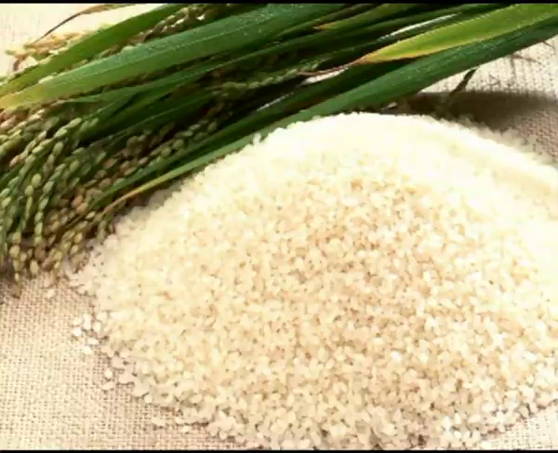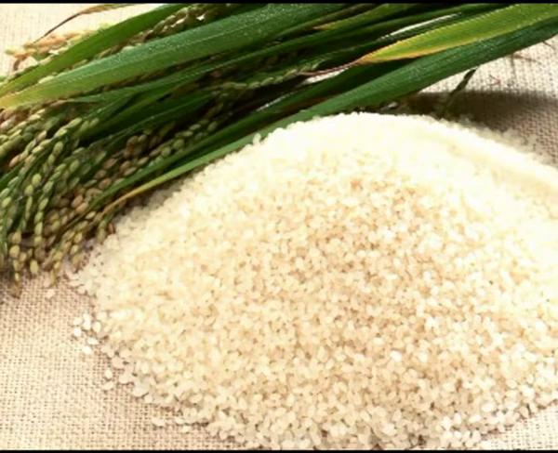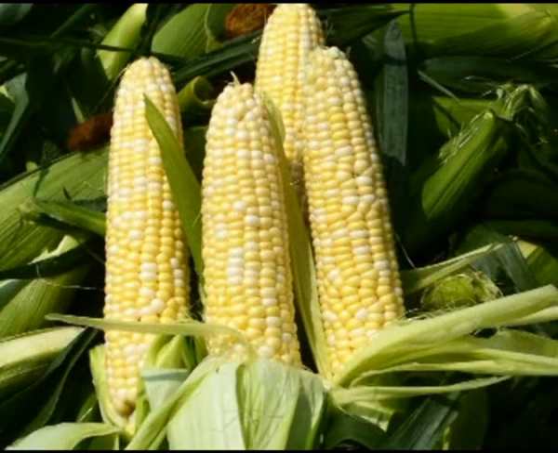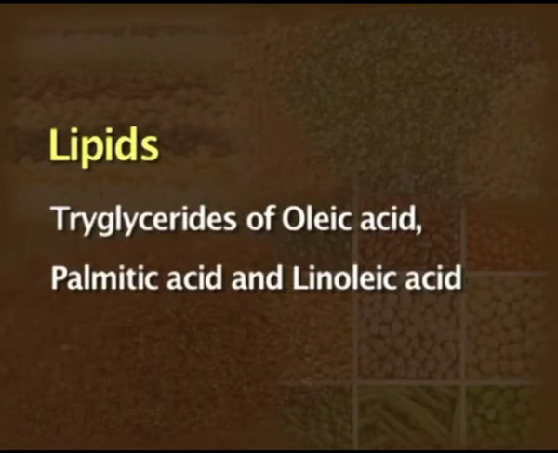For example, 1% in rice, 2% in wheat, and the bigger concentration is found, that is 3% in maize. Now, the lipids are mostly the triglycerides of oleic, palmitic and linoleic acids, and they contribute 50% to the requirement of the essential fatty acids in our body every day.